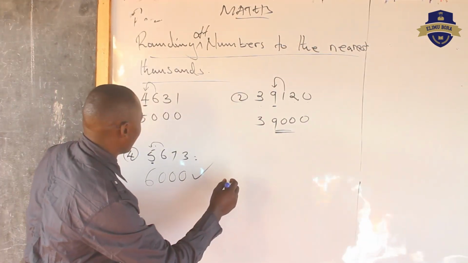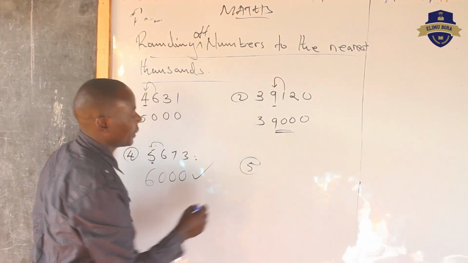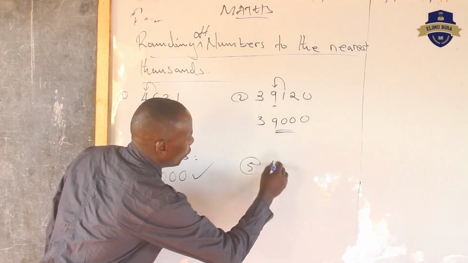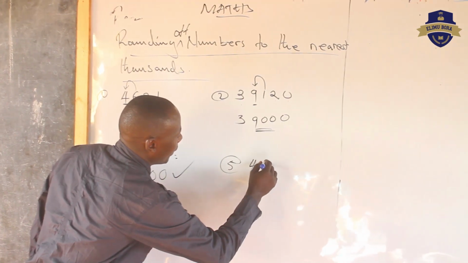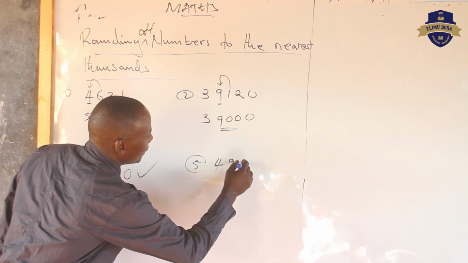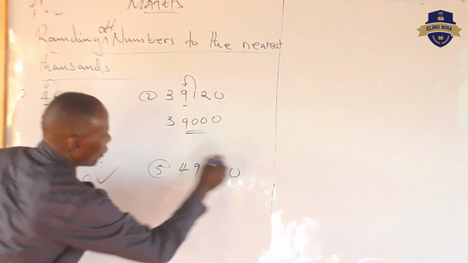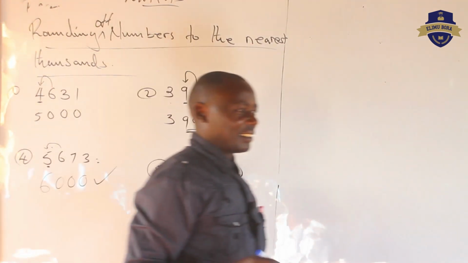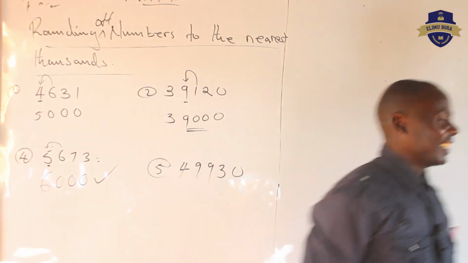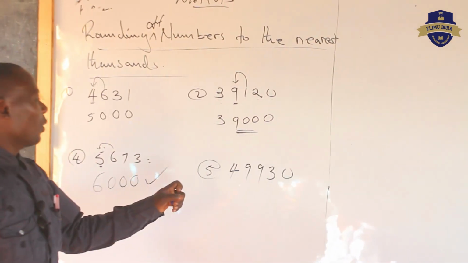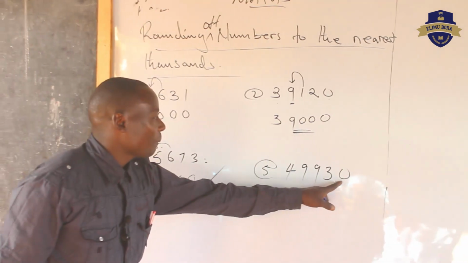Let us round off this number. We have 4,930. What is the place value of 0?